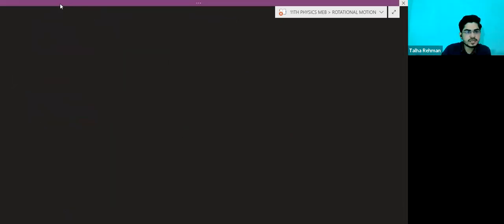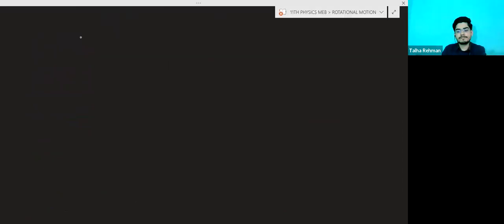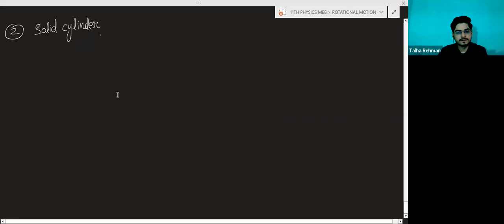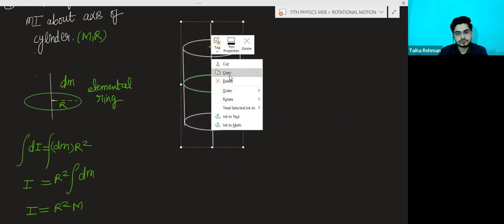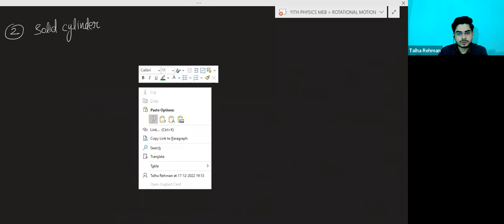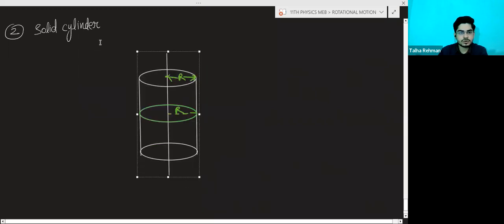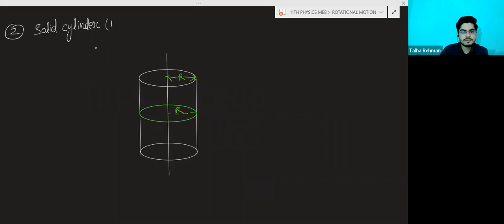Now second, we will see the moment of inertia for the solid cylinder. The solid cylinder also has mass m and radius r.